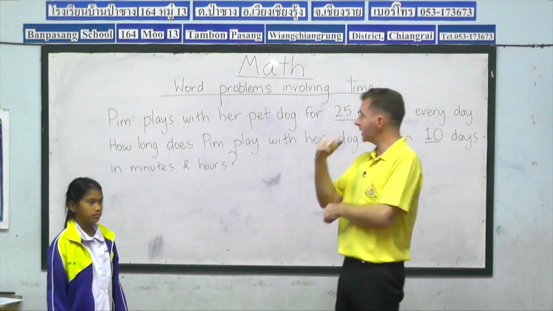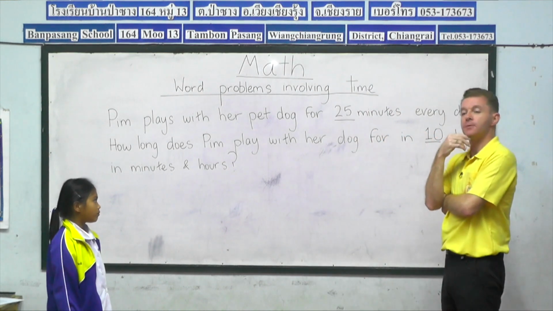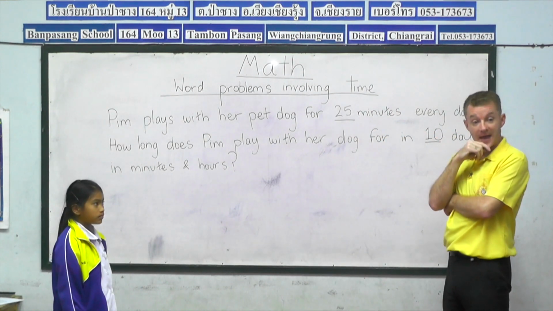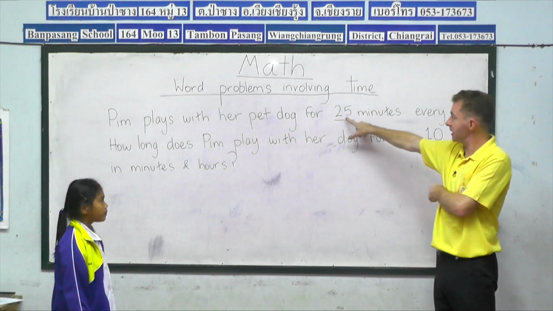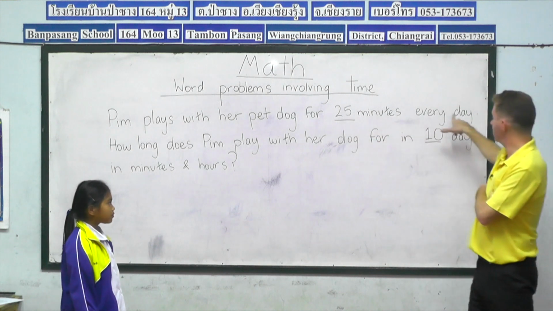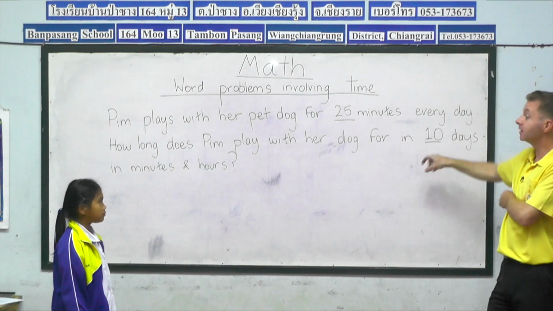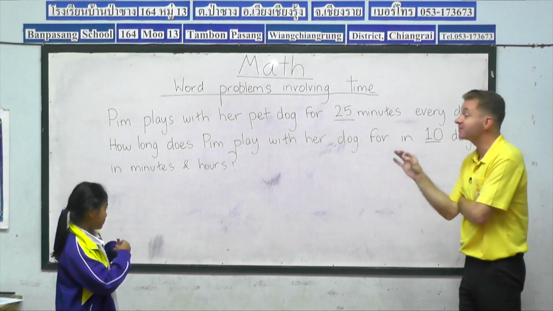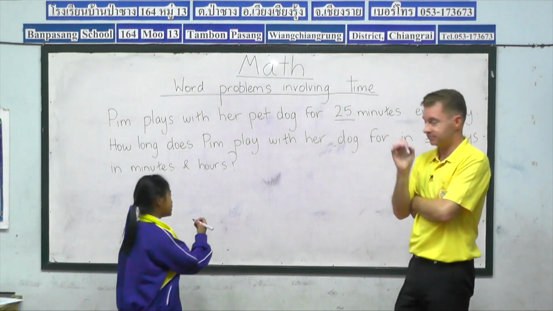Okay, so what calculation do you think we need to do? Times, yes. How many minutes per day? 25. But how many days? 10. So it's 25 times 10.